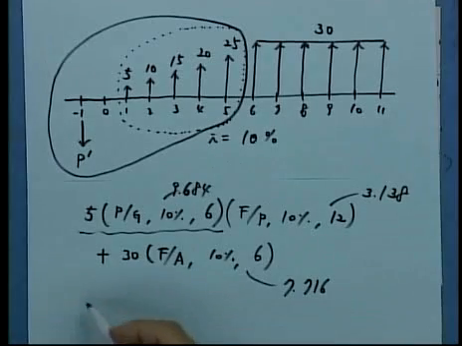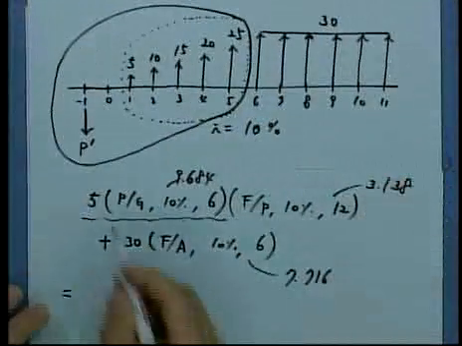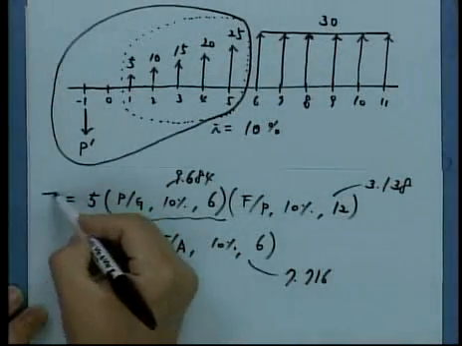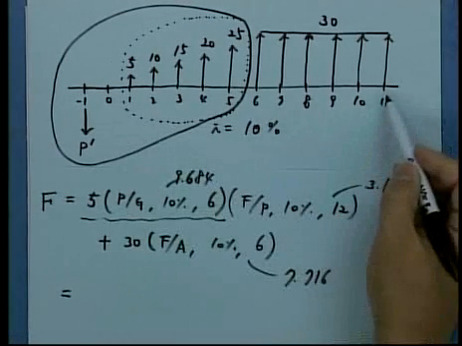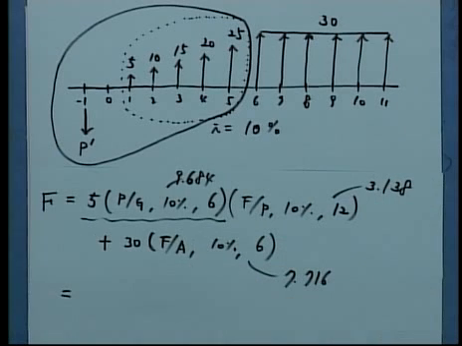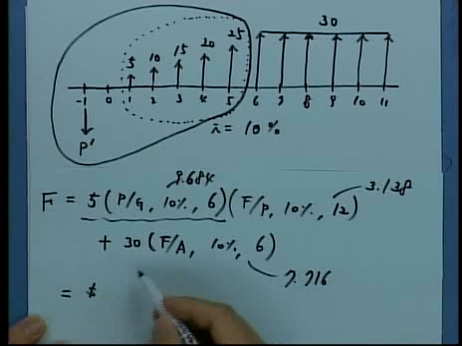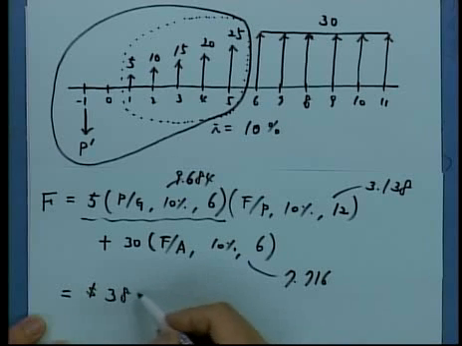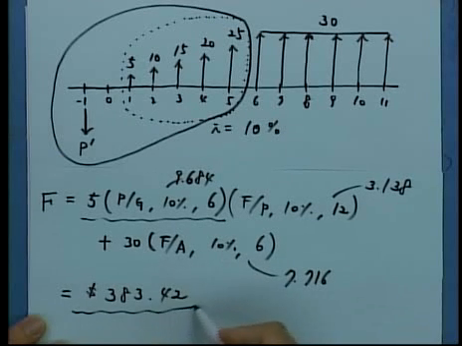Okay? So how much do you get? So this is the equivalent future sum of money at the end of period 11. So in my previous calculation it is $383.42. Okay, so that is the answer.